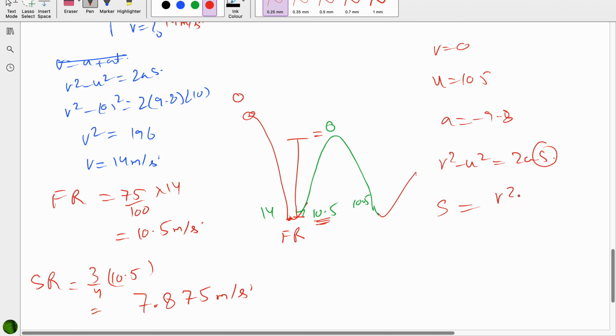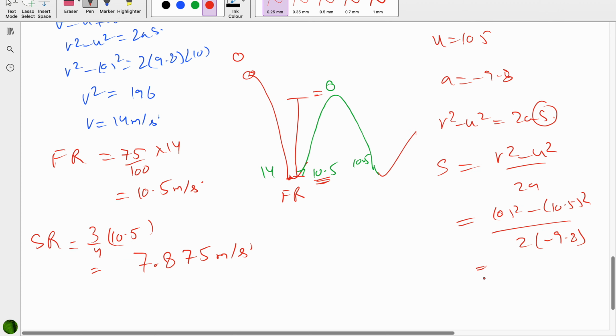Making s the subject is v square minus u square over 2a. For the first rebound, v is 0 minus initial 10.5 squared over 2 into negative 9.8. So this is finally positive, 10.5 squared divided by 2 into 9.8, and that is 5.625 meters for the first rebound.